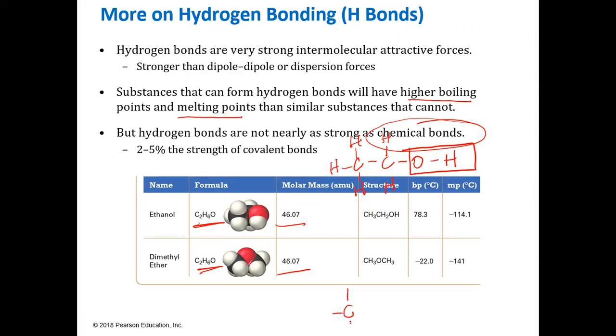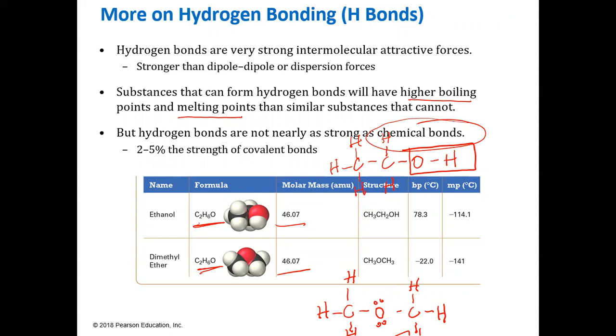It looks like this. Drew it out. All right. So it has oxygen and it has hydrogen. They're just not bonded together. So this ether doesn't have hydrogen bonding. It is polar, but it doesn't have the hydrogen bonding.